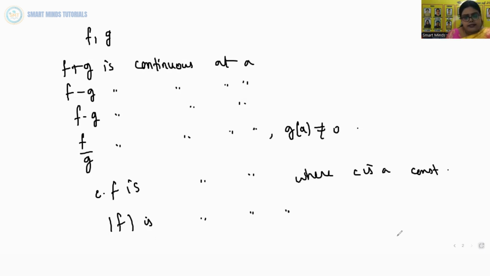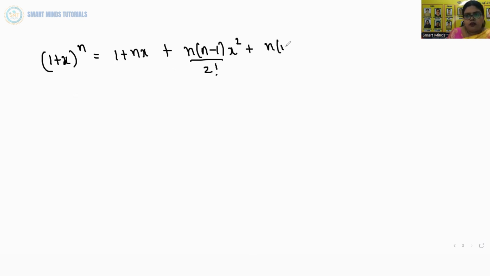Next, coming to some important series. You should be aware of these series. 1 plus x whole power n is equal to 1 plus nx plus n into n minus 1 by 2 factorial x square plus n into n minus 1 into n minus 2 into x cube by 3 factorial plus so on. This is one formula.